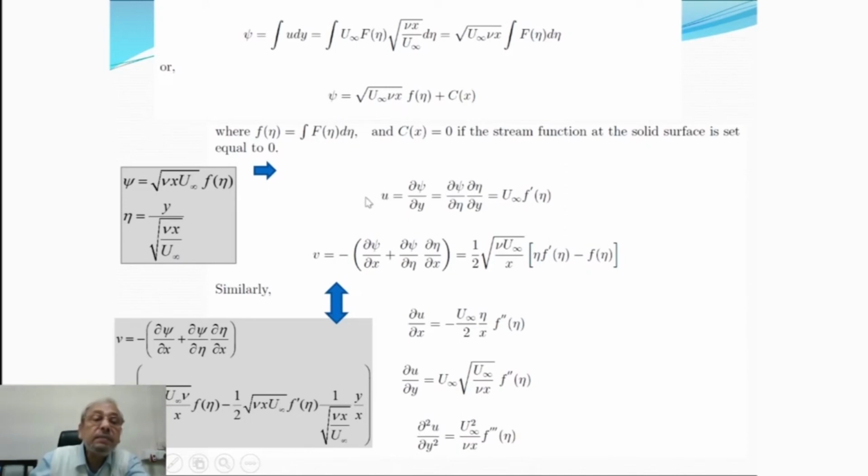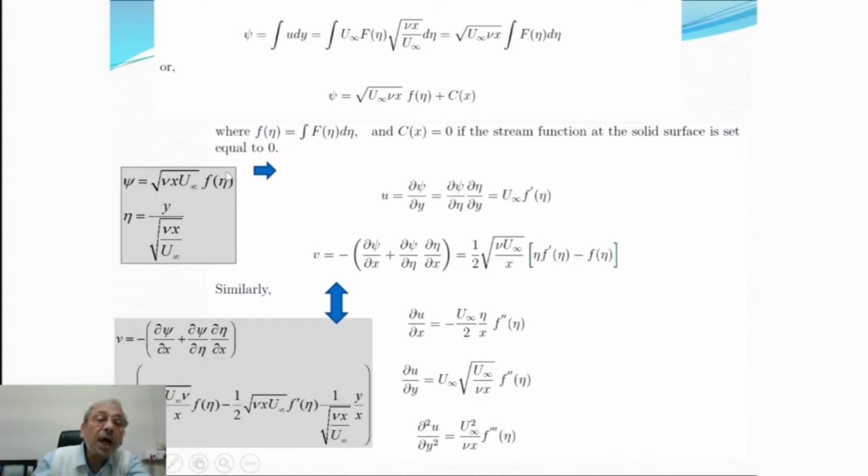So from here, when we know psi, we can find u. u is del psi del y, which is del psi del eta into del eta del y, and from these two we can write u infinity f prime of eta. Similarly, when psi is a function of eta and x, v can be written as minus del psi del x plus del psi del eta into del eta del x.